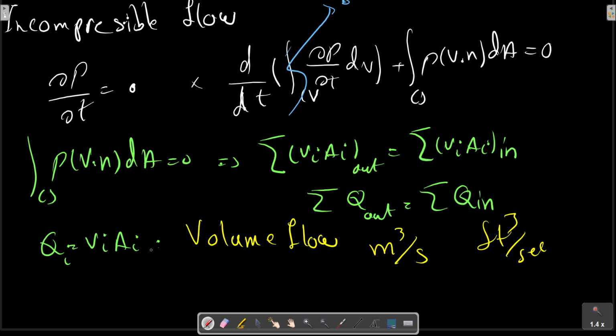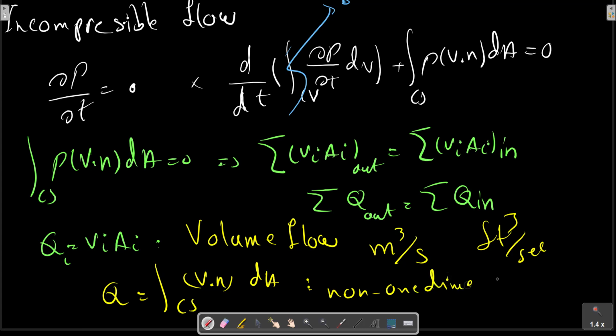If the cross section is not one-dimensional, we have the integration of Q equals V dot n dA. This equation allows us to define an average velocity, V average, that, when multiplied by the section area, gives the correct volume flow.